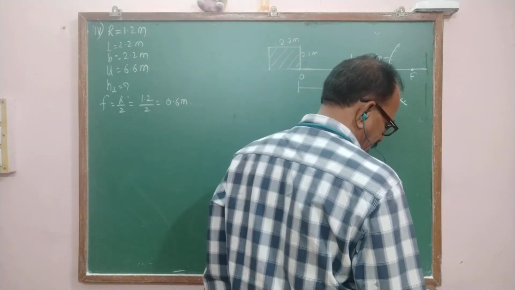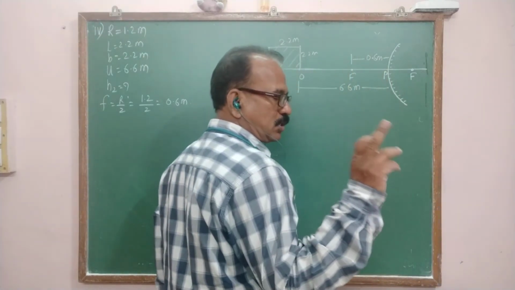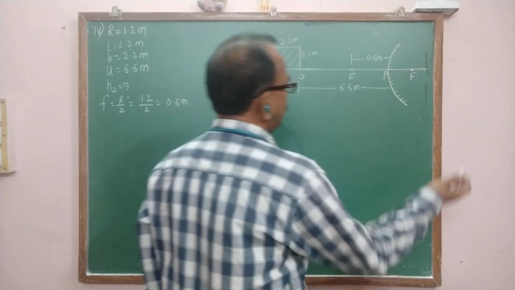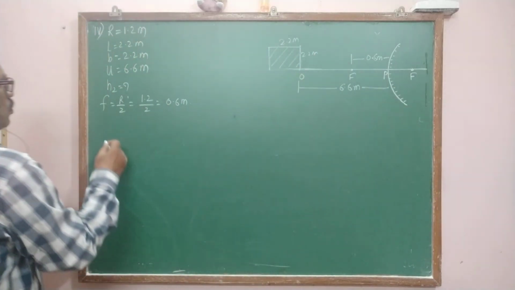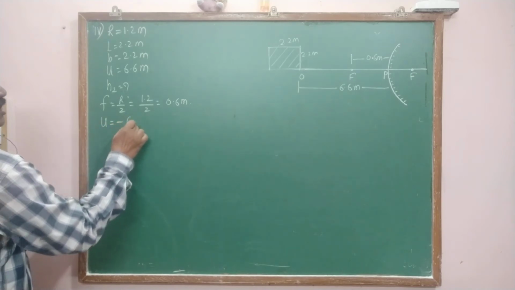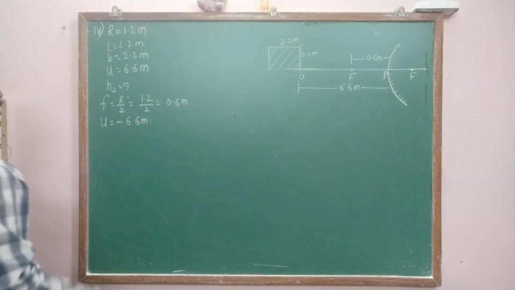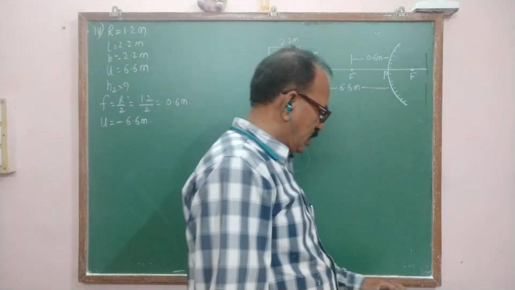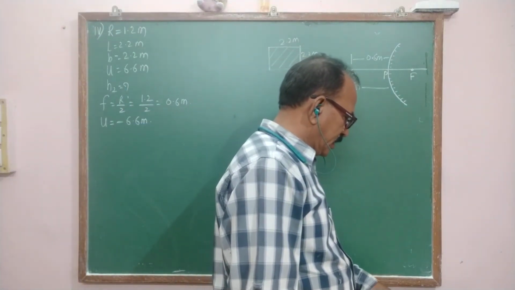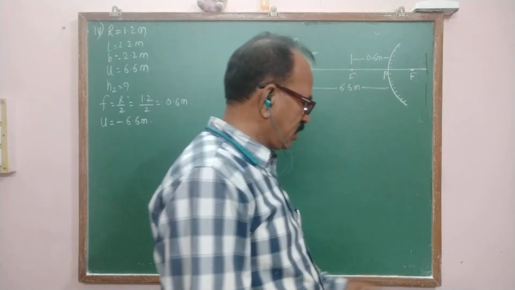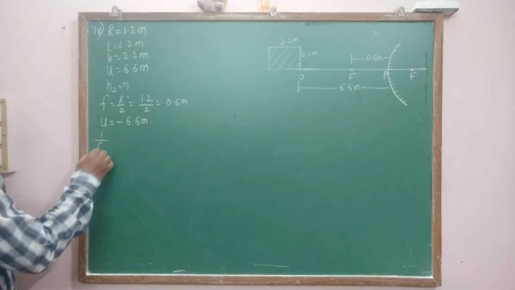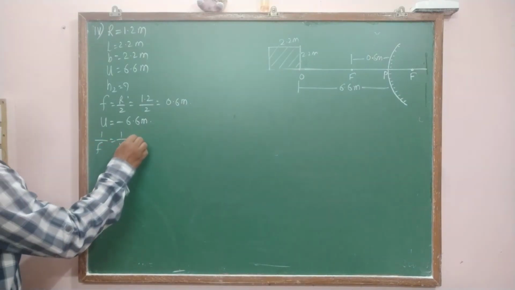And what is there? Focal length of the convex mirror is positive. Then u is equal to, object is towards the left side, so u is equal to minus 6.6 meter. So we can find out the distance of the image. Here the formula we have to take is 1 by f is equal to 1 by v plus 1 by u.